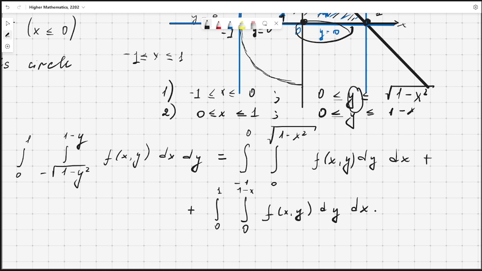Do you understand it? Is this clear? Understand?